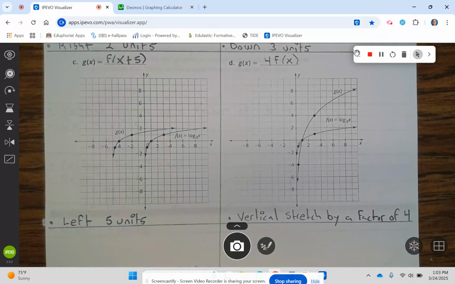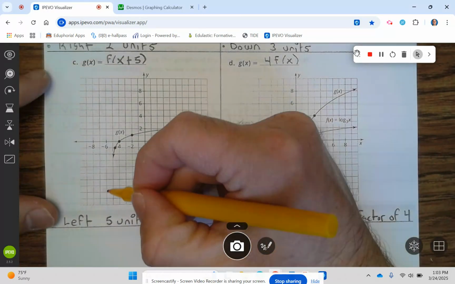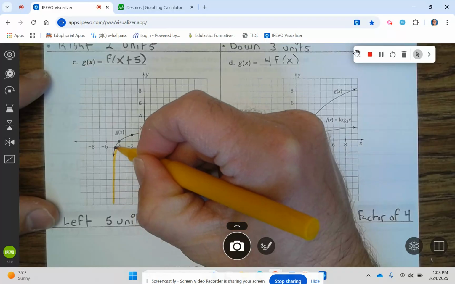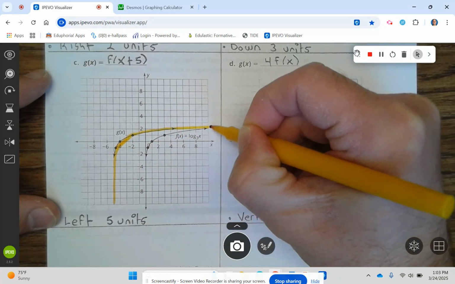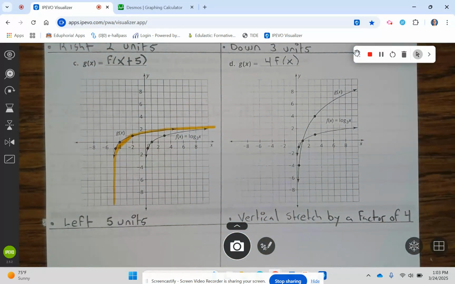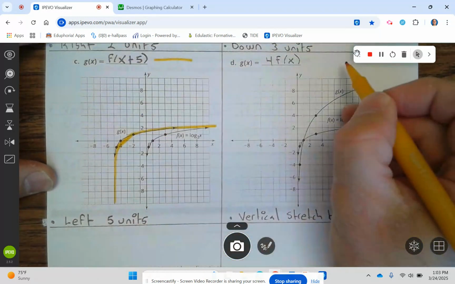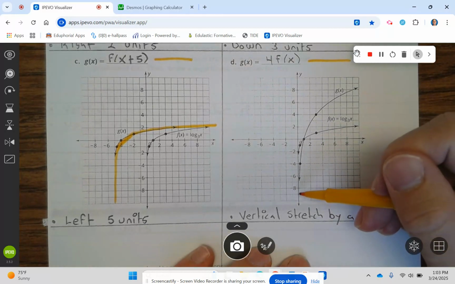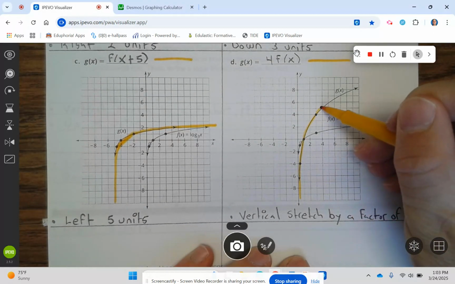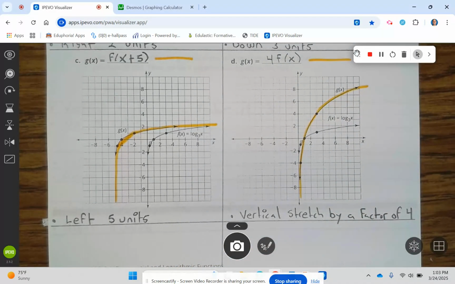C. G of x equals f of parentheses x plus 5, and that's left 5 units. D. G of x equals 4 times f of x. That's a vertical stretch by a factor of 4. Okay. Go ahead and finish it up.